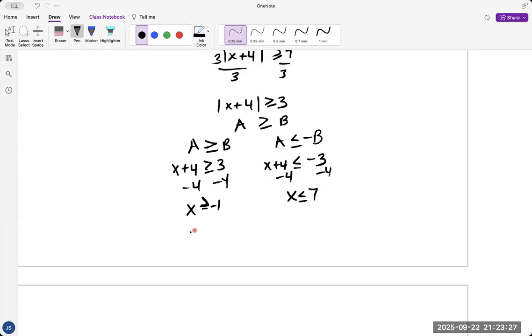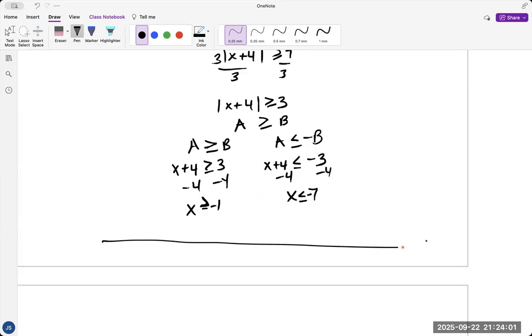Let's go ahead and practice writing this in interval notation. It says all values greater than -1 and all values also less than -7. Oops, sorry. Less than -7 and greater than -1, because I'm like, wait a second, this is supposed to be in two different regions. So, okay.